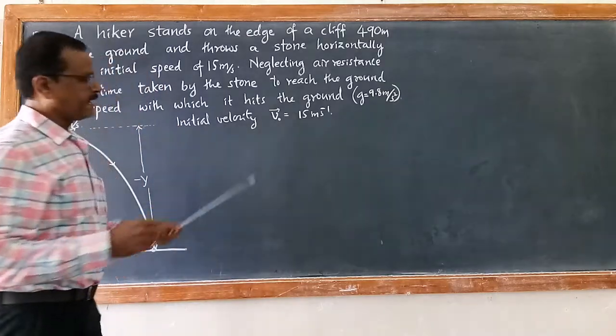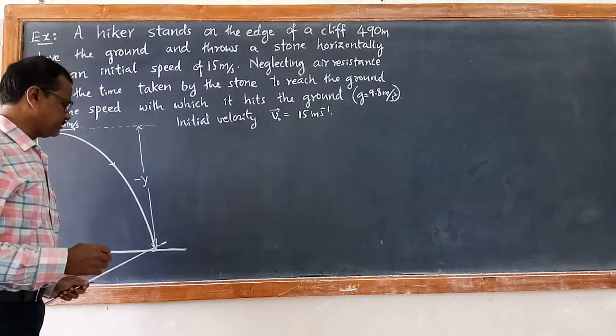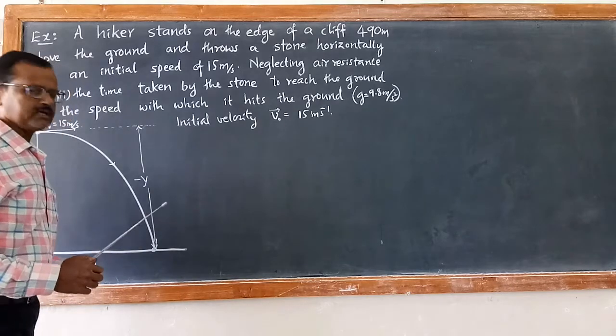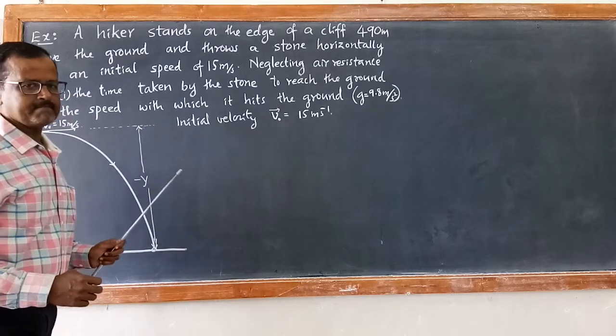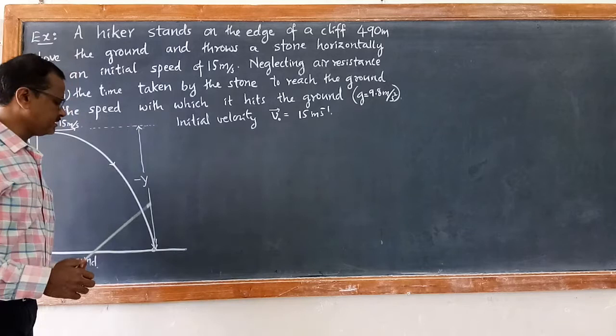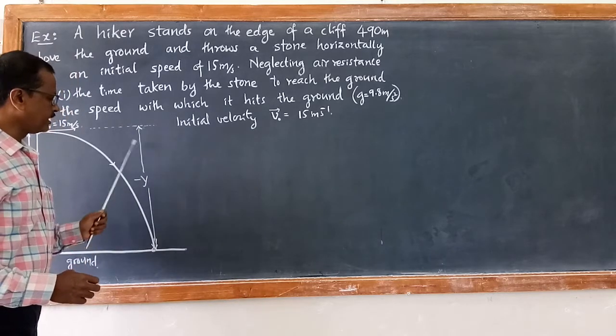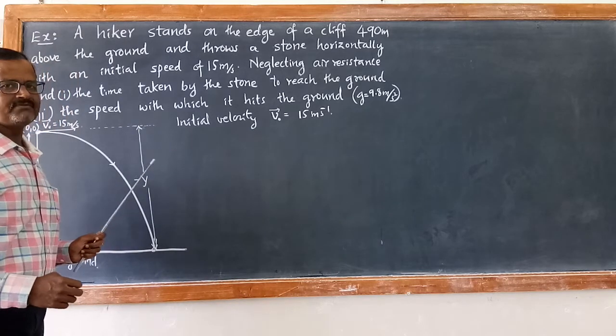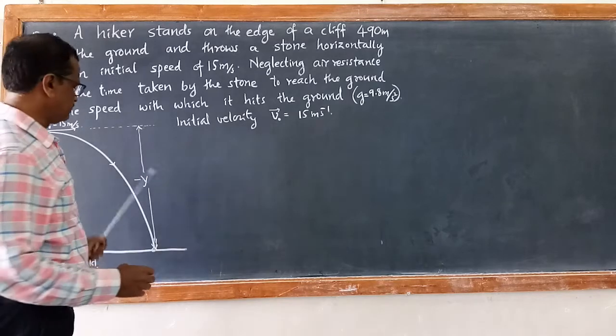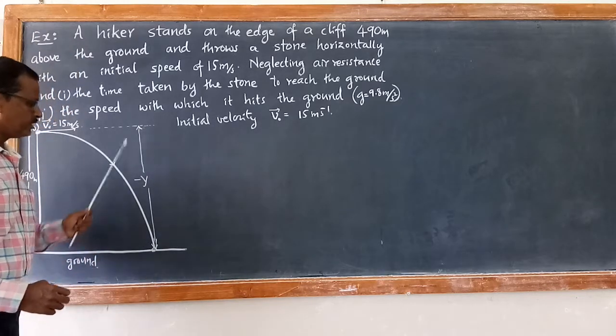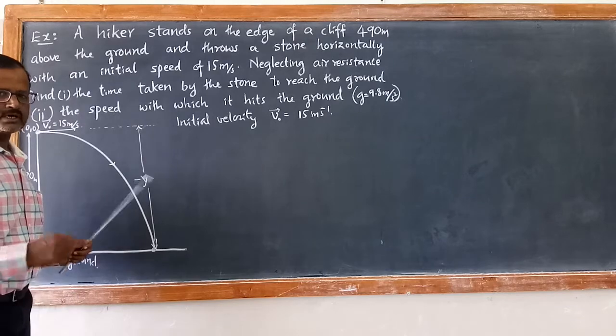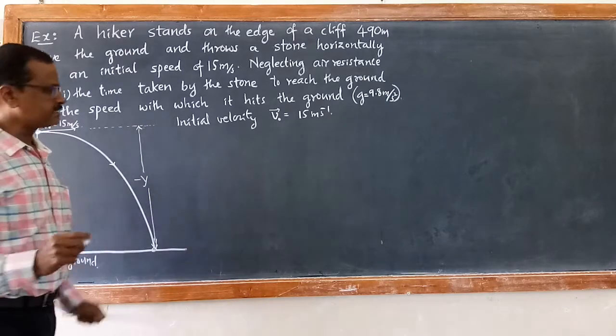Then, in order to calculate the time taken, let us calculate the height through which it falls down, as we did yesterday. If y is the height through which it falls down, then y is equal to half gt square. Since y is negative and acceleration due to gravity is also negative, minus minus cancels.